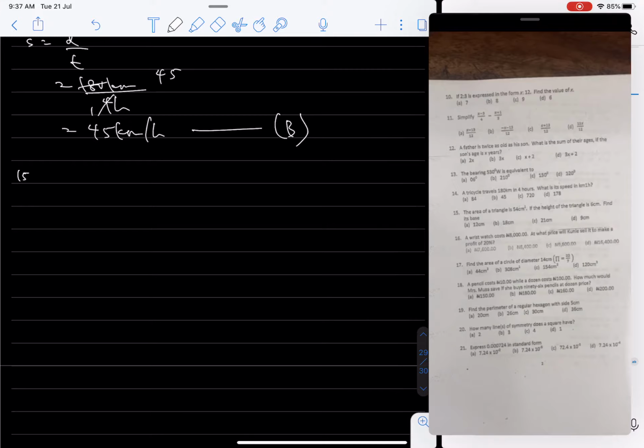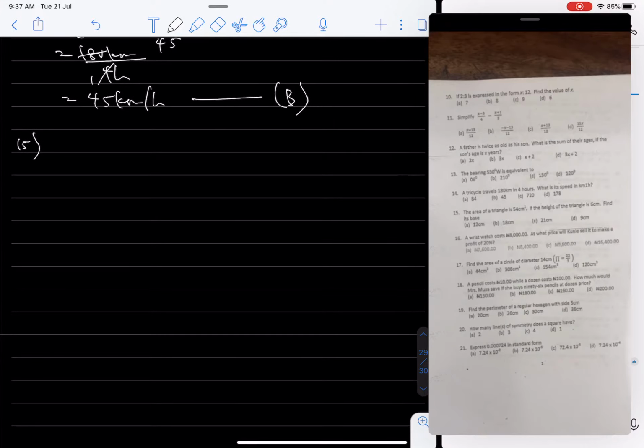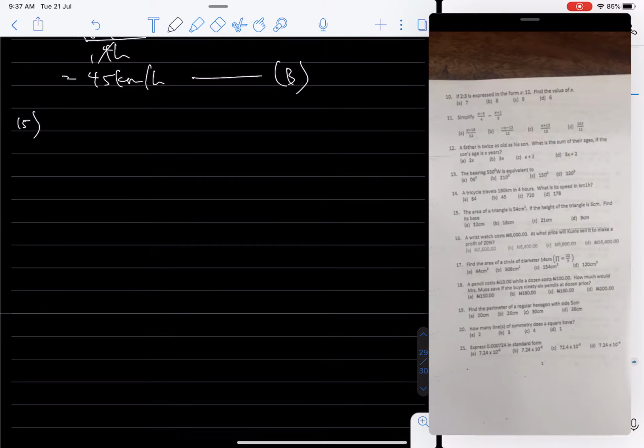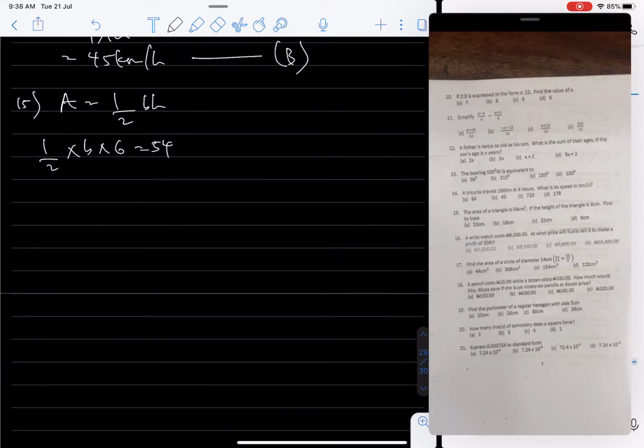Now, 15. The area of a triangle is 54 centimeters squared. If the height of the triangle is 6, find its base. The area of a triangle is given by the formula half base times height. So half times base, which is b, multiplied by h, which is 6, is 54. That simply means 3b equals 54.